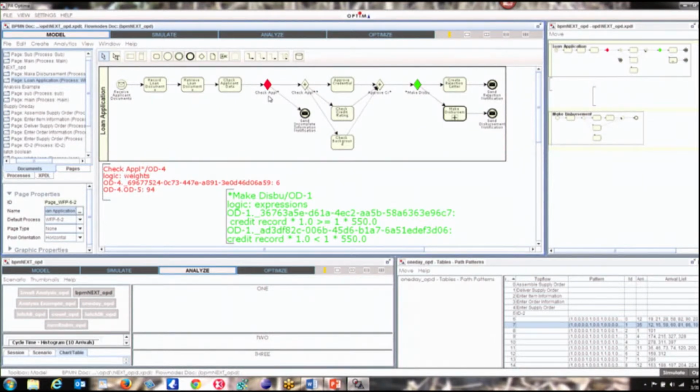The next thing that happens has to do with the parallel split. Now, what does this look like in the event stream? It looks like the check application task is followed by those other 3 tasks or an exit. The logic has to be deduced for what that means, and it depends upon what the pattern is with respect to those other 3 tasks. In every trace, you'll see either an exit from that gateway or 3 tasks that are concurrent, and that's done by analyzing the trace.